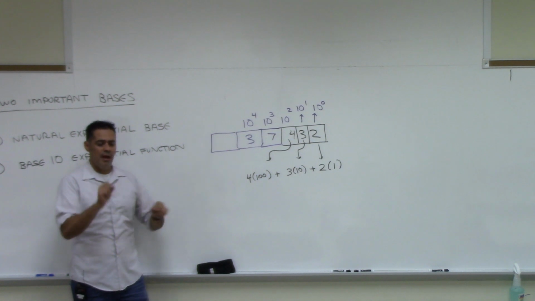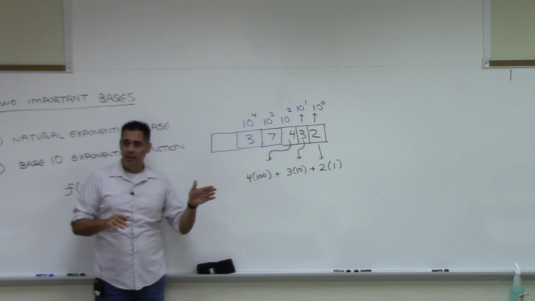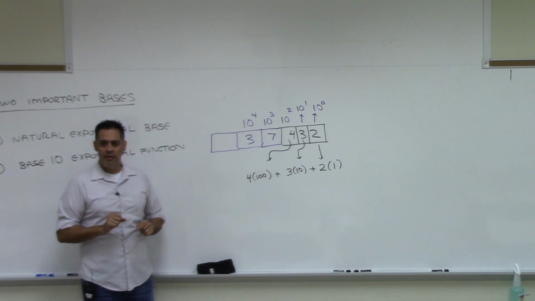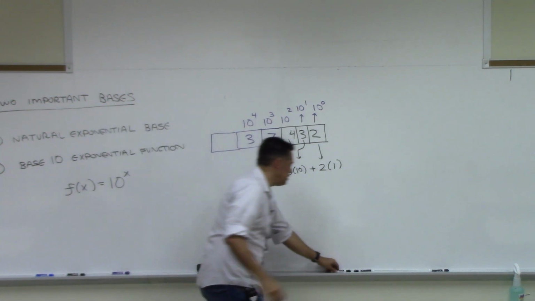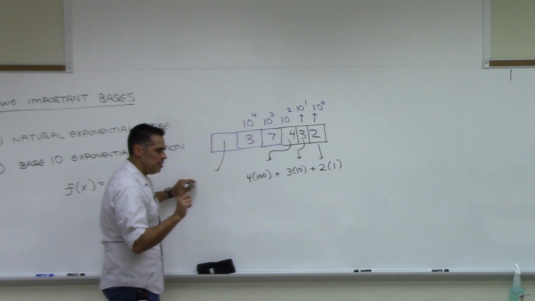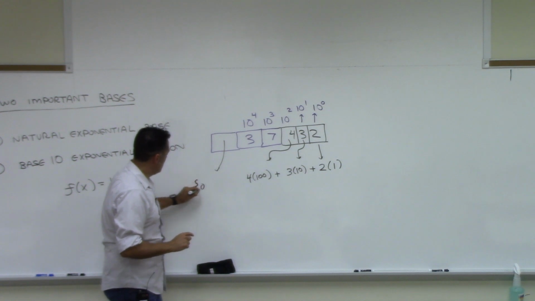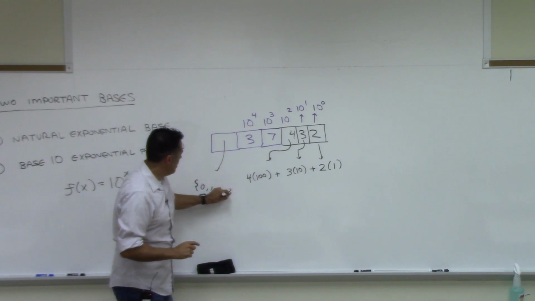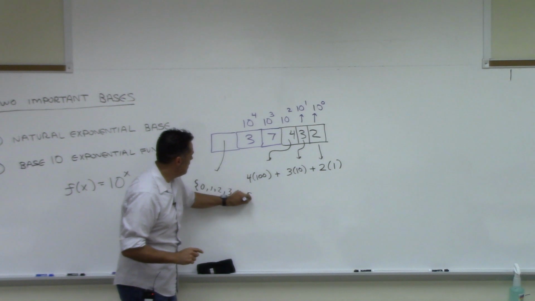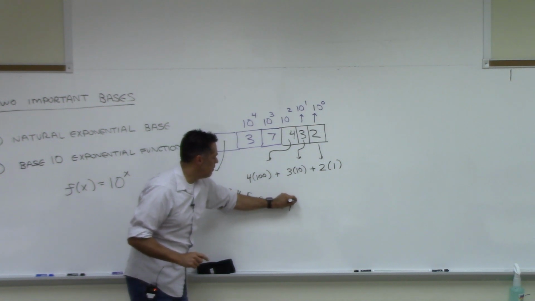How many options do you have to plug in here? 10 options. You have 1, 2, 3, 4, 5, 6, 7, 8, 9, right? And 0, right? So in this slot, in this space, you get to pick from this list of numbers. 0, 1, 2, 3, 4, 5, 6, 7, 8, and 9, right?